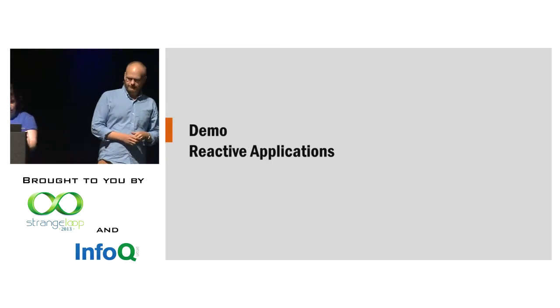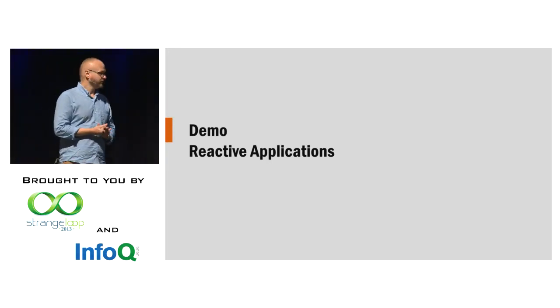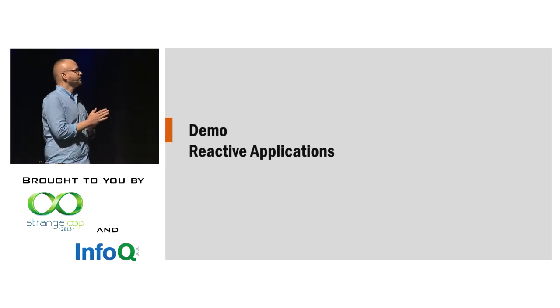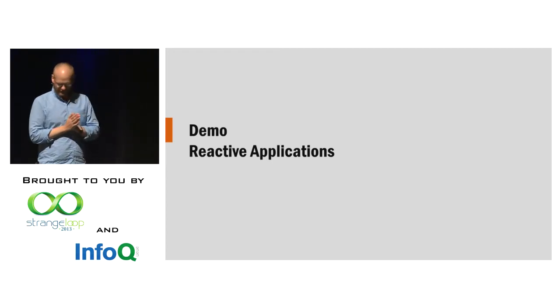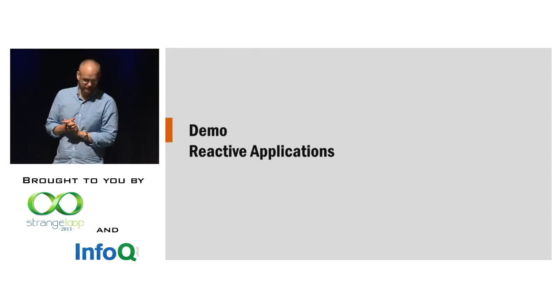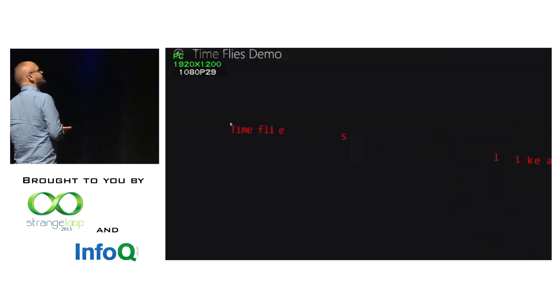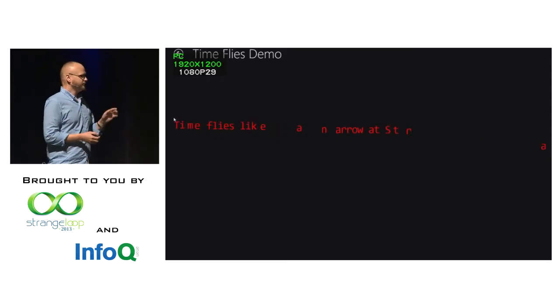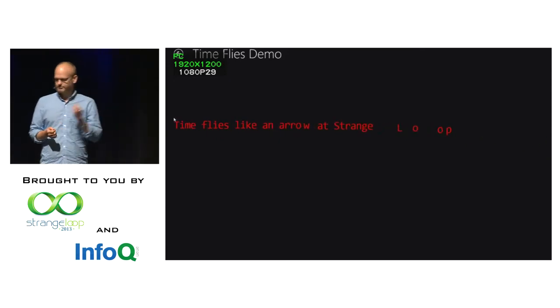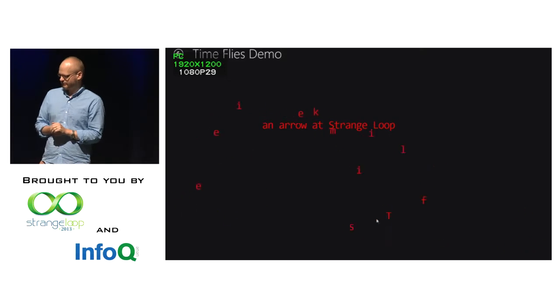Now, Donna's going to actually start playing with a few applications using the reactive extensions. And this is just some small examples of using it. What we have here is a simple mapping of two concepts, mouse movements and a timer.